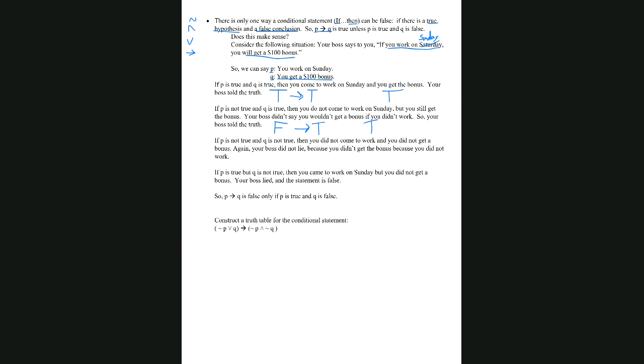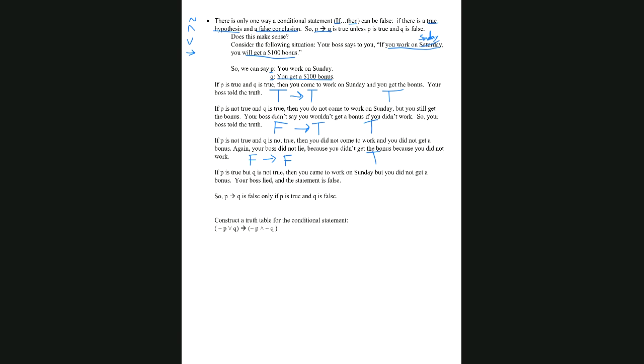So he or she still told the truth. If P is not true, so if you have a false statement, and that leads to a false statement, so if you did not come to work on Sunday and you did not get a bonus, your boss still told the truth, because your boss said that if you came to work on Sunday, you would get a bonus. You didn't come to work, so you didn't get a bonus, and your boss didn't lie, so that's still true.